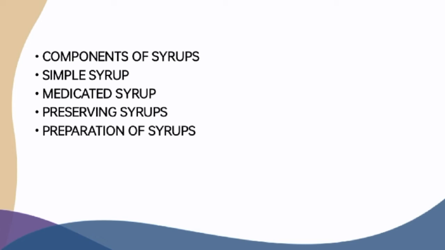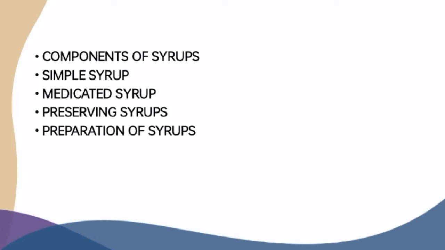This process is time consuming, but the product has maximum stability. The third one is the addition of sucrose to a medicated liquid or flavored liquid. Examples of medicated liquids are tincture and fluid extract. You just add sucrose to the aqueous solution to make a syrup.